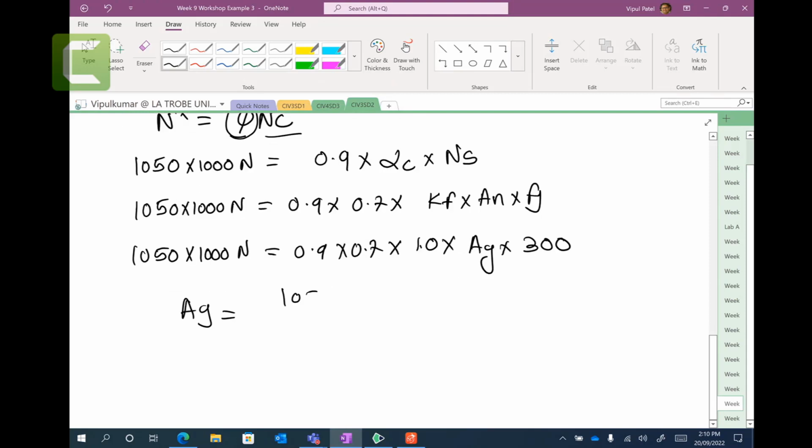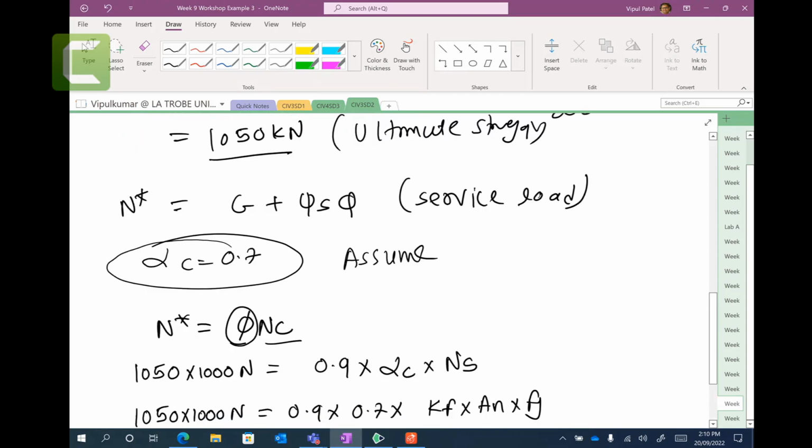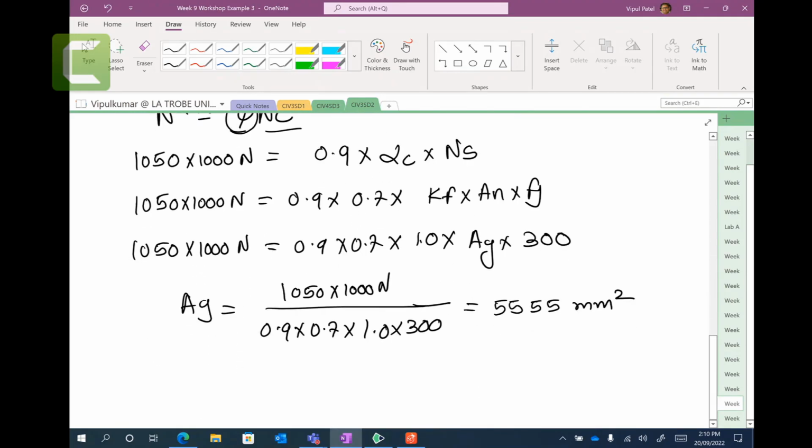If you simplify that, 0.9, 0.7, 1, 300, you might get the gross area in millimeter square. This is just a quick run through, a rough calculation. This is not accurate. I quickly estimate that I might need 5555 millimeter square to fulfill that demand. How much was the demand? The demand was 1050 kilonewtons. I might need 5555 millimeter square approximately.